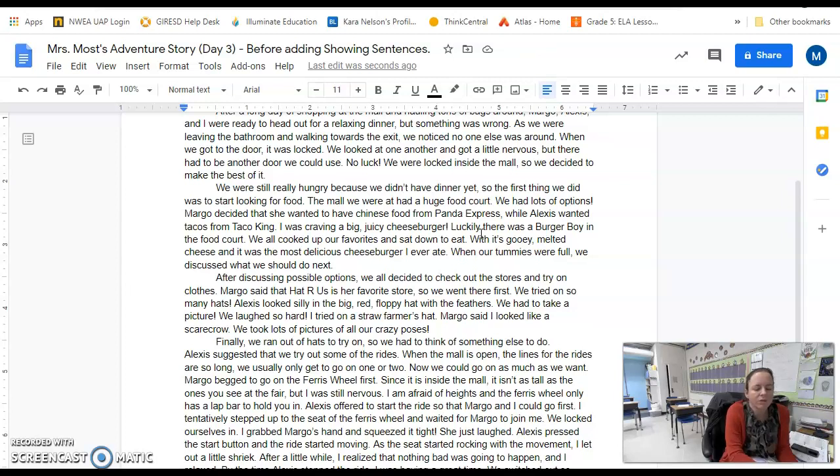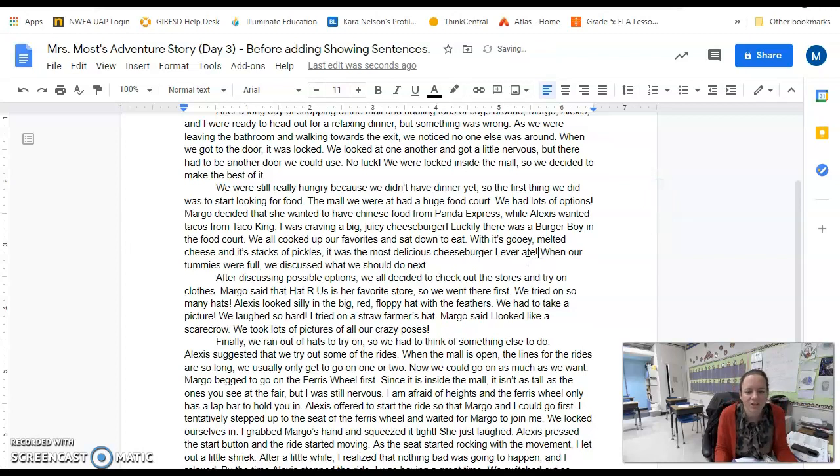With its gooey melted cheese and its stacks of, I kind of like pickles on my sandwich. You're probably going to think that's weird, but I think I'm going to go for it. So with its gooey melted cheese and its stacks of pickles, it was the most delicious cheeseburger I ever ate.